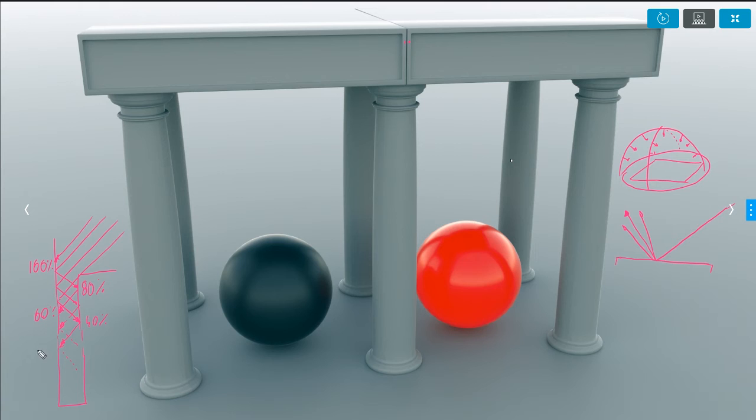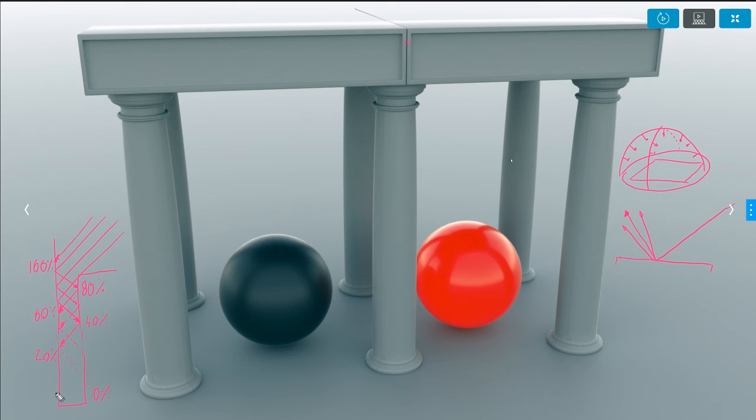And then in here it's going to be 20%, and so on and so forth, eventually reaching 0%, where there's not enough energy coming from the light to create enough light information so that you can actually see color and surface property. It's just going to be really dark here, and this is exactly what's happening here.